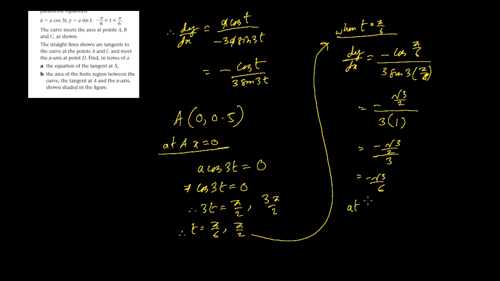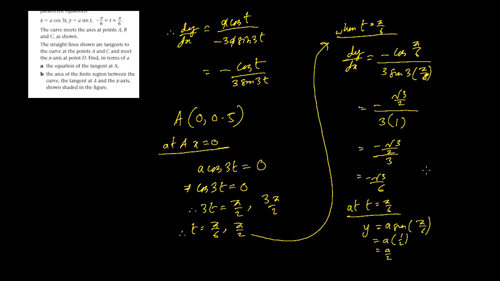At t equals pi by 6, we know x will be 0, so we have to find the value of y. So y equals a sine t. So a sine pi by 6 means 30 degrees. Sine 30 degrees is half. So a by 2.